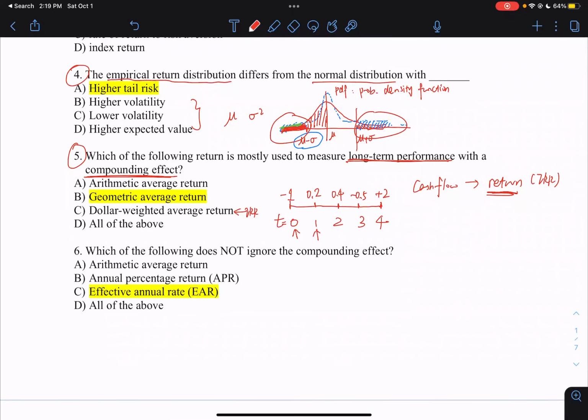Usually, IRR is not that easy to calculate directly. We don't have a closed-form solution, but the key of IRR is to make the investment equal to the discounted future cash flow. This is cash flow, CF.